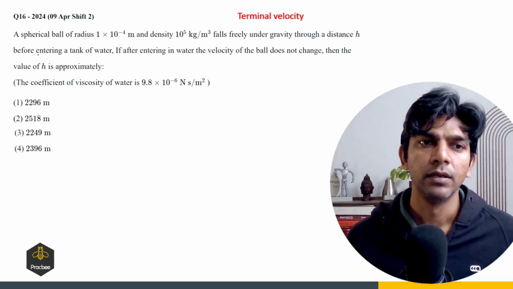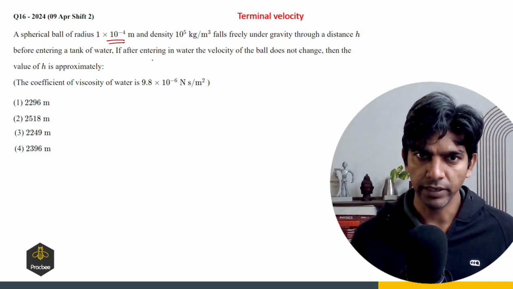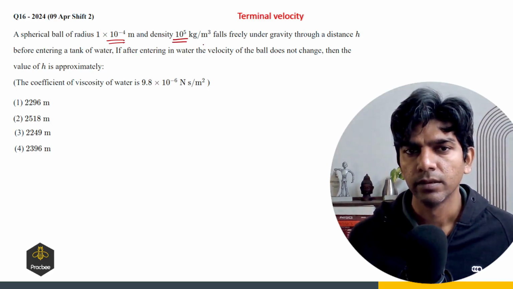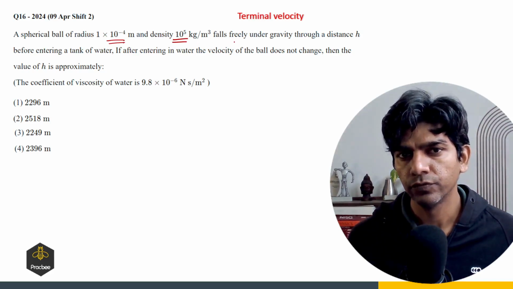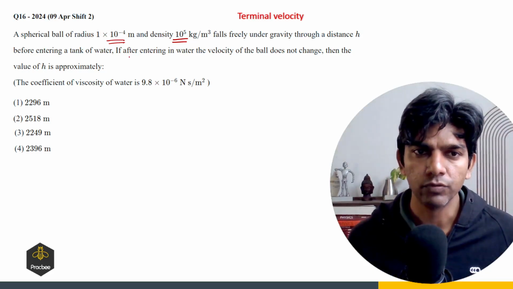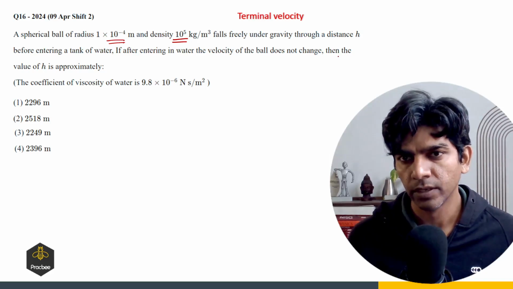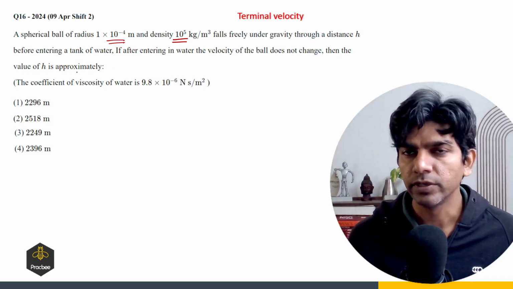Next question. A spherical ball of radius 10 raised to minus 4 meter, density 10 raised to 5 kilogram per meter cube falls freely under gravity through a height h before entering a tank of water. If after entering the water the velocity of the ball does not change, then the value of h is approximately.